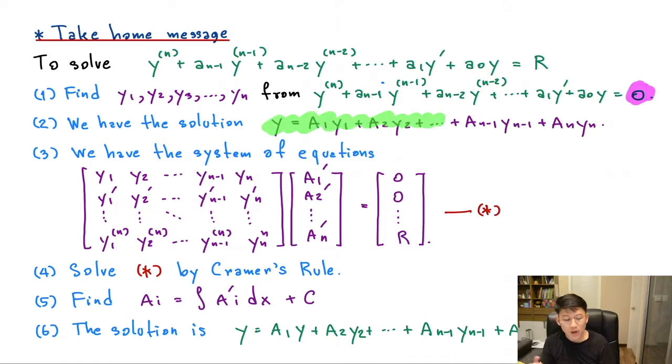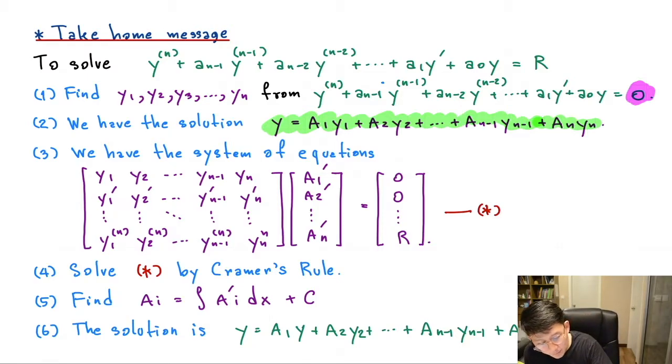Okay, when a1, a2, a3 to an are functions of x. After that, we have the system of equations, and this system of equations is quite easy to memorize. Why?